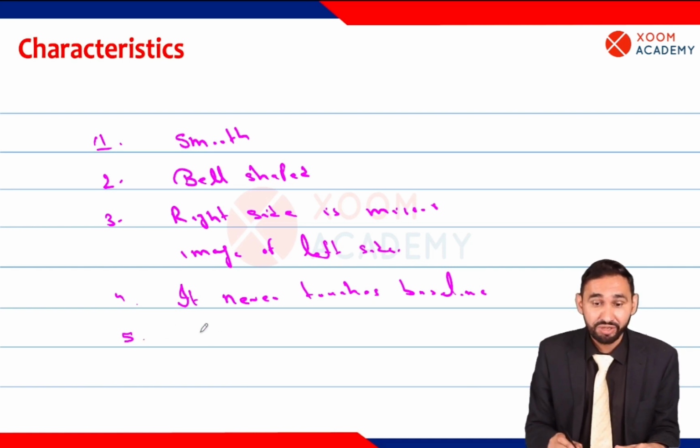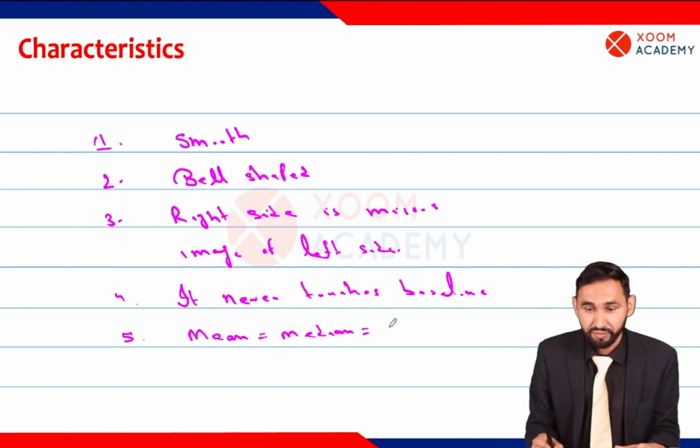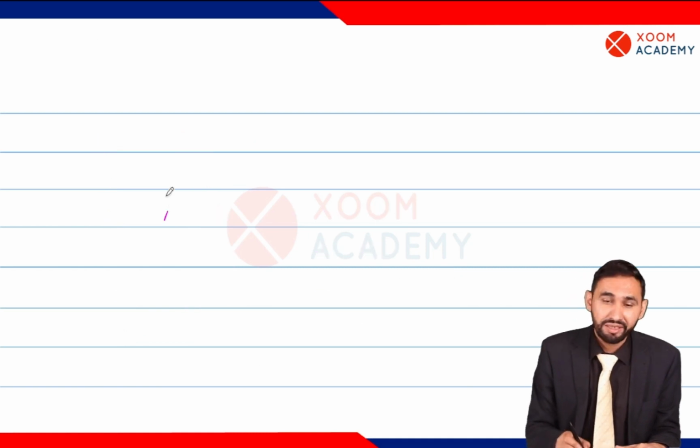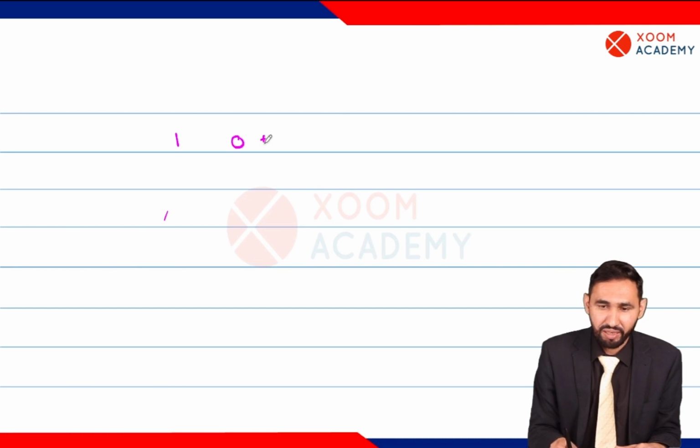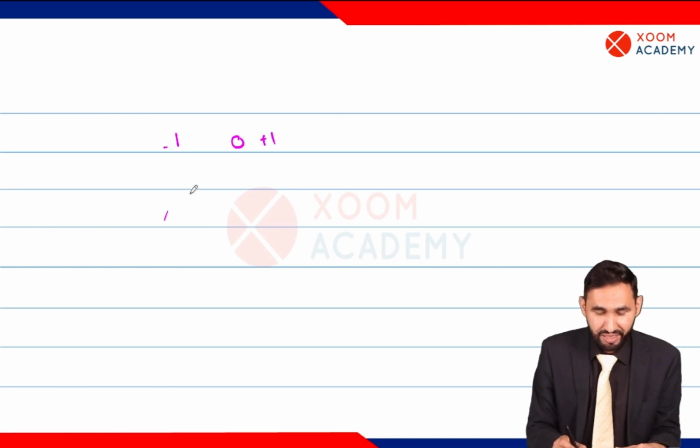And in the normal distribution curve, mean is equal to median, which is equal to mode. These are the characteristics. Plus, as you have mentioned, there is plus 1 and minus 1. The distance from plus 1 to minus 1 is 1 standard deviation.